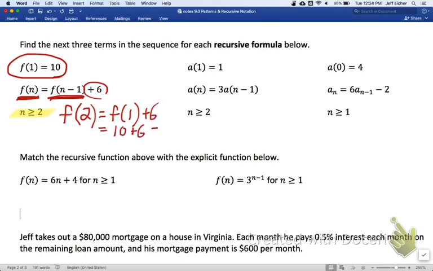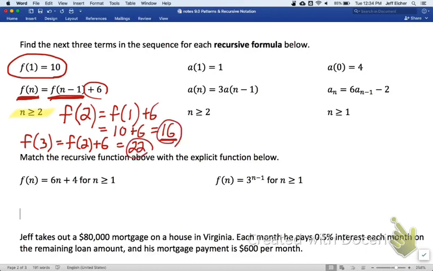Add 6 to that, and you get 16. Our third term would be our previous term right before it, and then add 6. Well, we just got 16 before, so 16 plus 6, our next term would be 22.